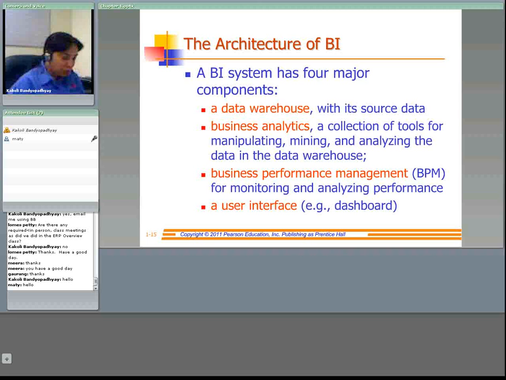So what is a dashboard? Dashboard is actually a visual presentation of critical data for executives to view. Okay, it's a visual presentation of critical data for executives to view. It allows executives to see hotspots in their business units.